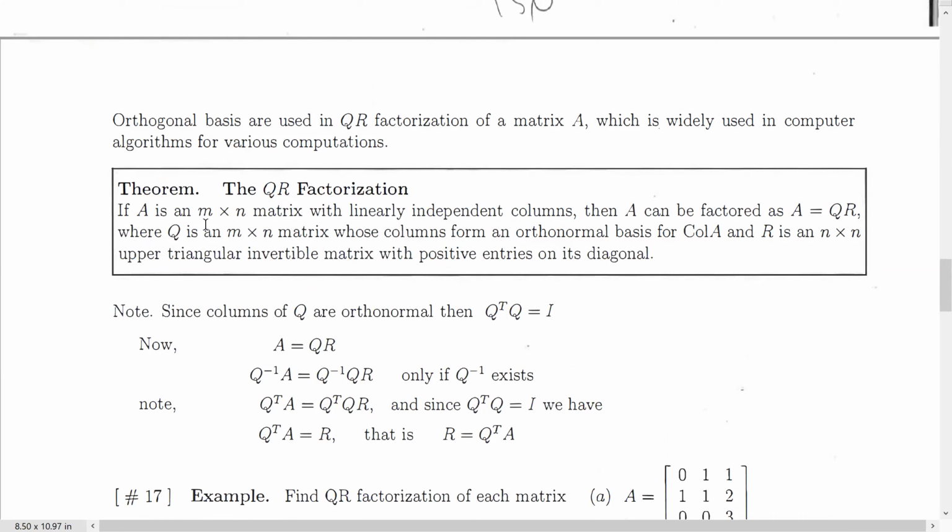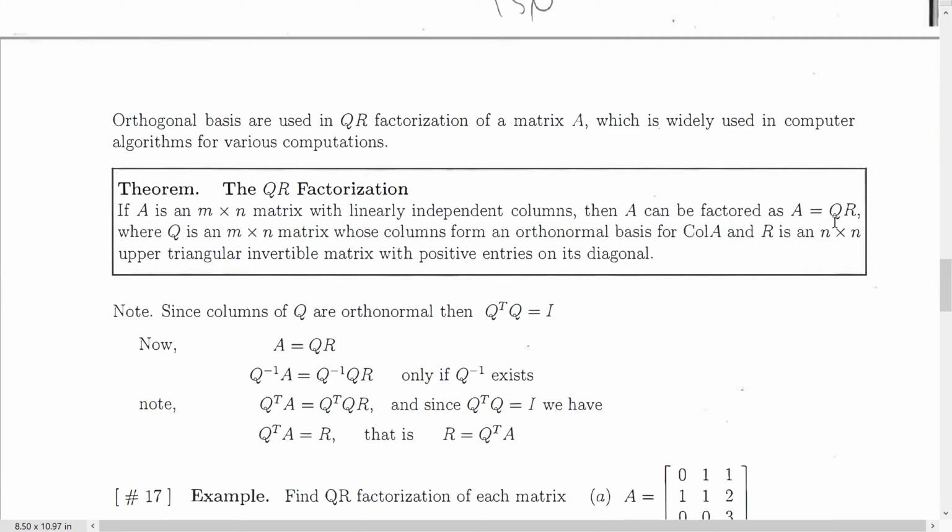If A is an m by n matrix with linearly independent columns, then A can be factored as A equal to QR, where Q is an m by n matrix whose columns are orthonormal bases of the columns of A, and R is an n by n upper triangular invertible matrix with positive entries on its diagonal. So how are we going to compute the QR factorization?